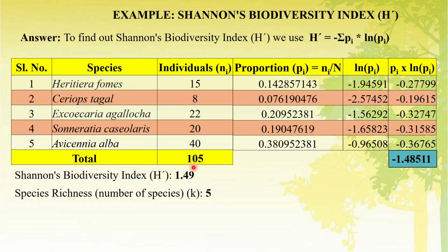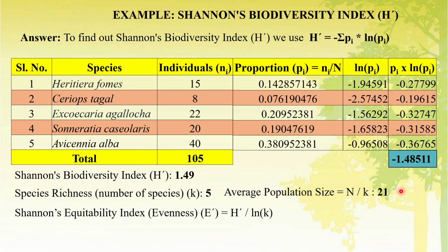Further, we can identify that the total number of species is 5, that is species richness, and the average population size: the 5 species are found in 105 total individuals. So the population size will be N by k, so it is 21.